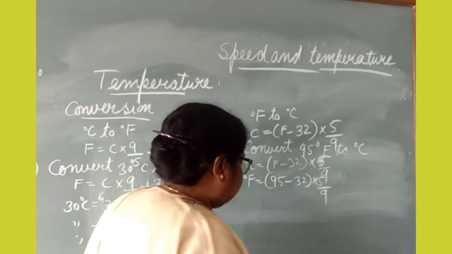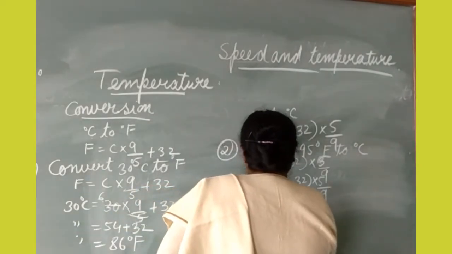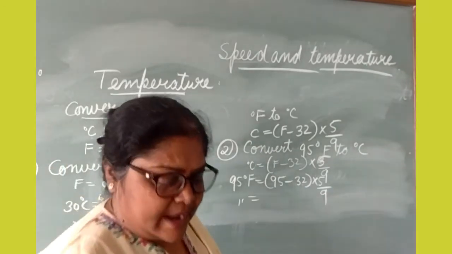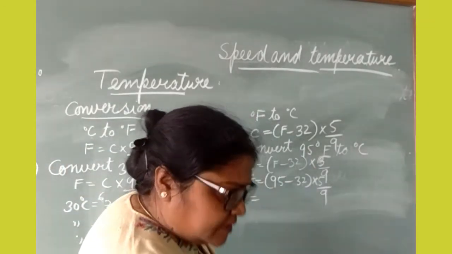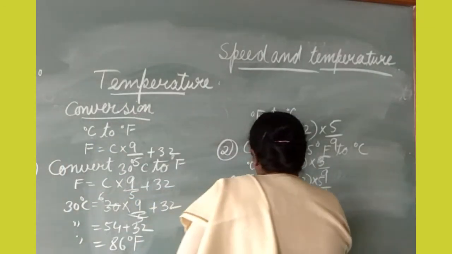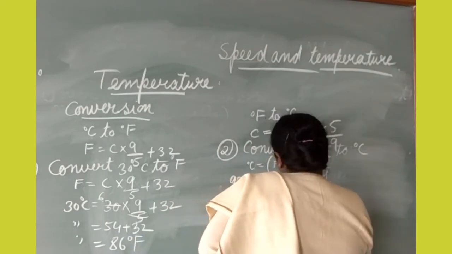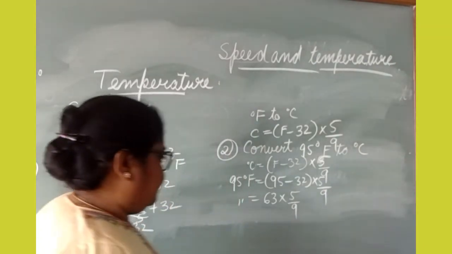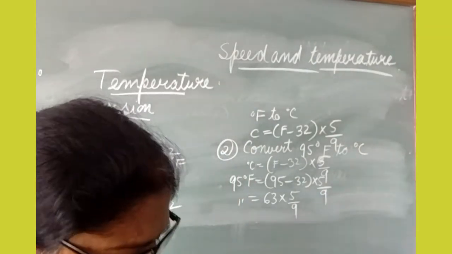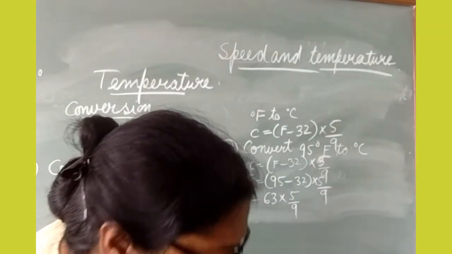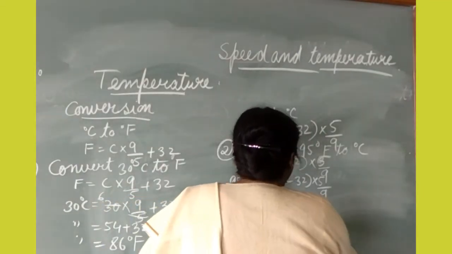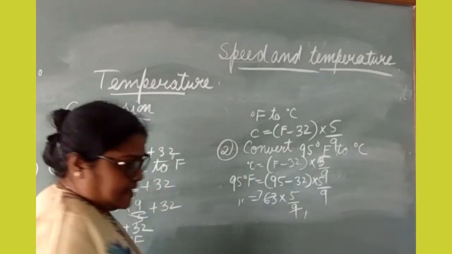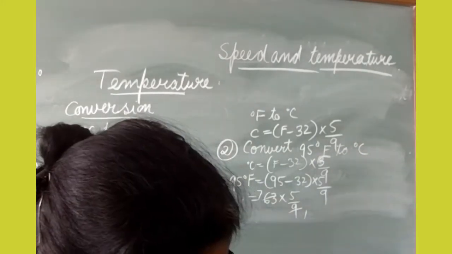When you subtract 95 minus 32, what do you get? You get 63. 63 into 5 by 9. In the 9 table, the 63 will also cut: 9 sevens are 63.